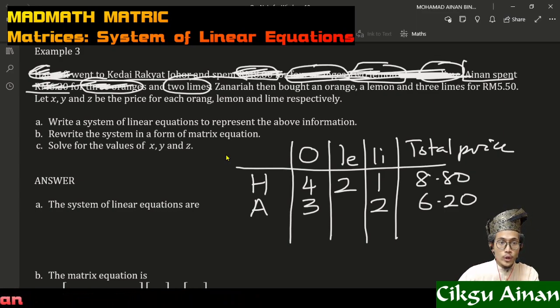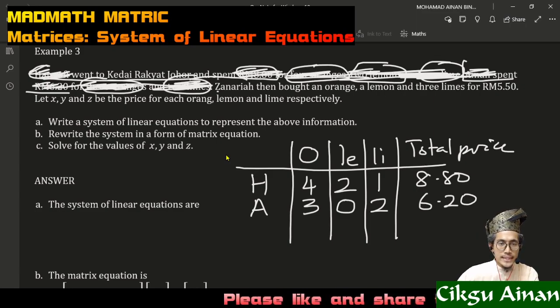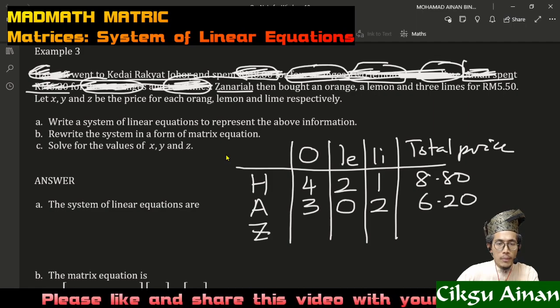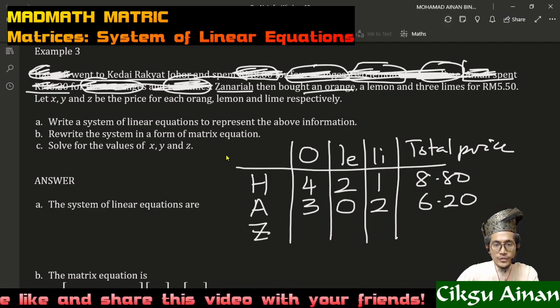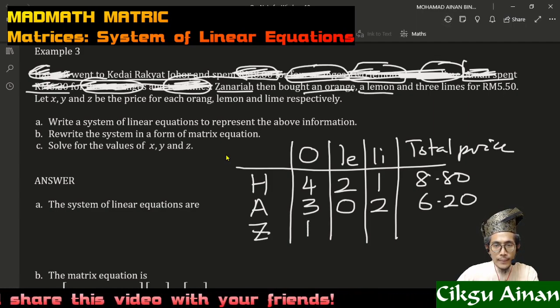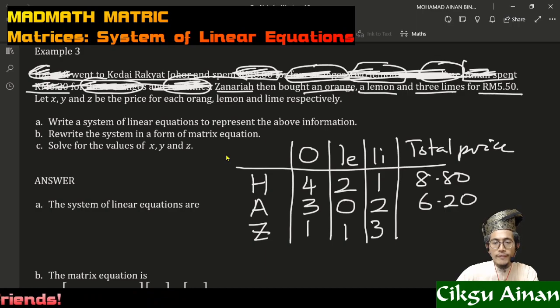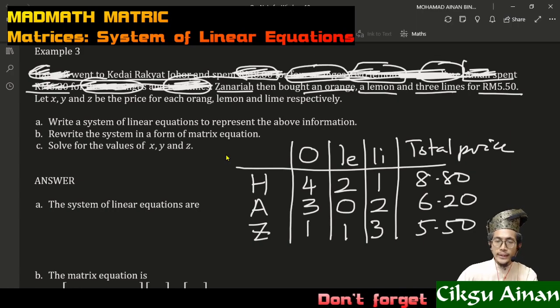It means the coefficient, or the number inside the space, is 0. So 0 over here. Now, the next person, Zanaria. Zanaria bought 1 orange, a lemon, and 3 limes, for RM5.50. So over here we already get the table.